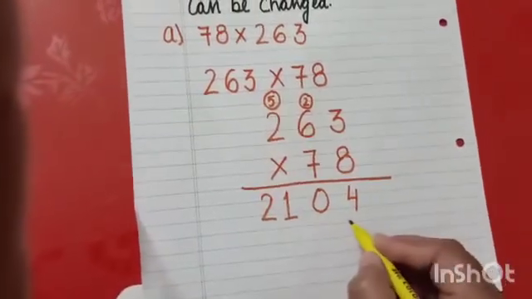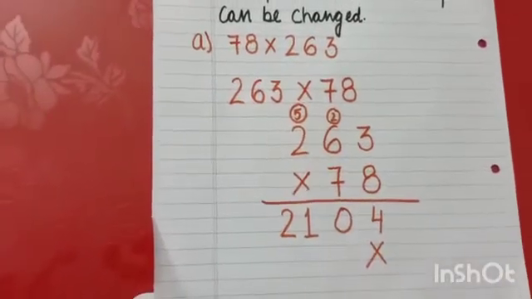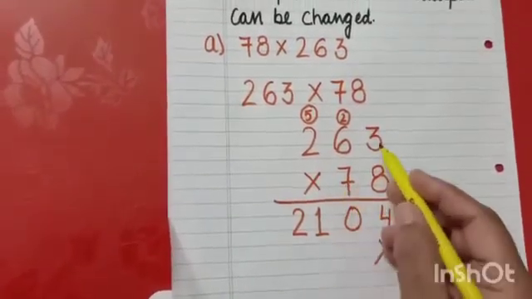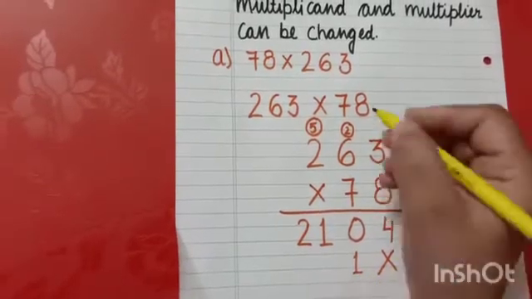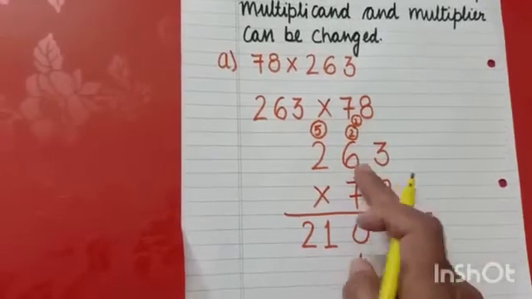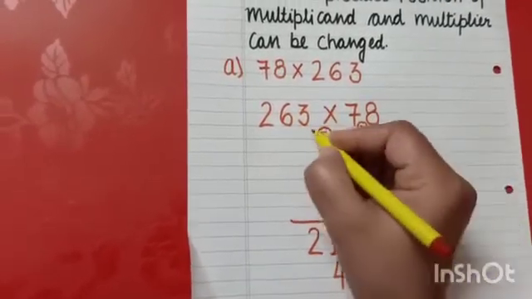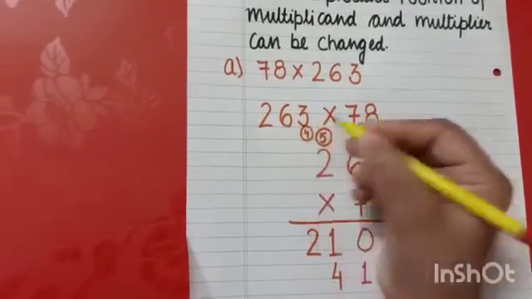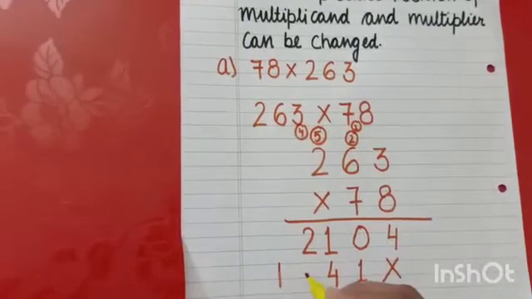So next line, I will put a cross here. As you know, in the next line we put a cross. 7 3s are 21. Here 1 will come. I am writing the borrow up only. 7 6s are 42 plus 2 is 44. And 7 2s are 14 plus 4, it has become 18.